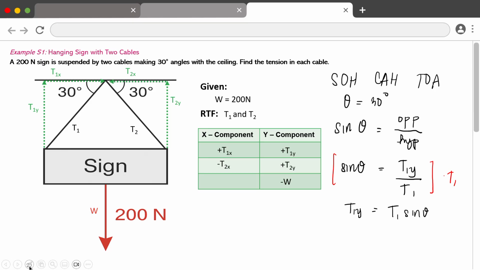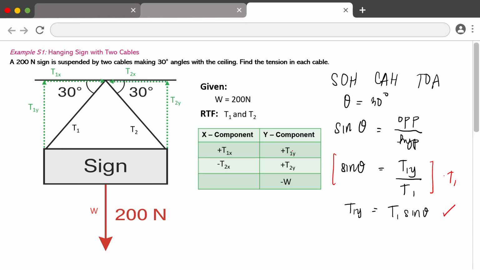The T1 cancels out, and then I just switched sides. So I placed T1y on the left side and T1 sine theta on this side. We find that T1y is equal to T1 sine theta.